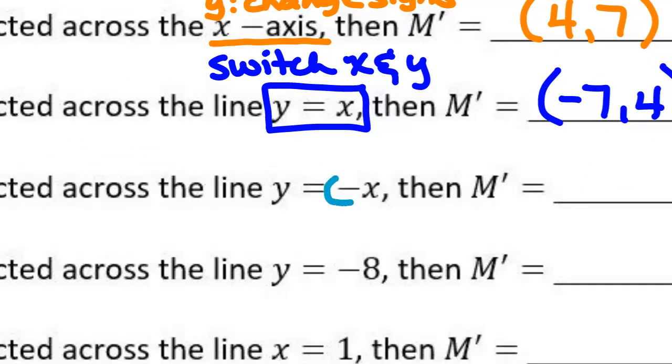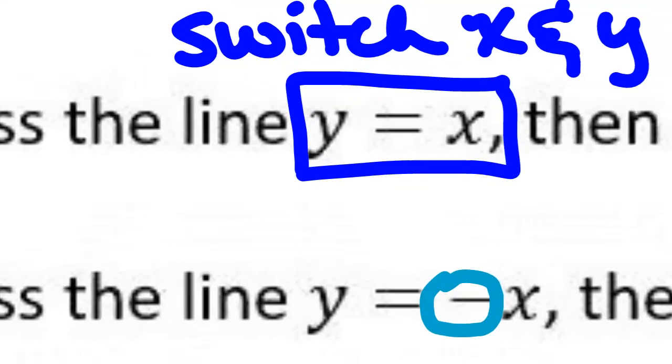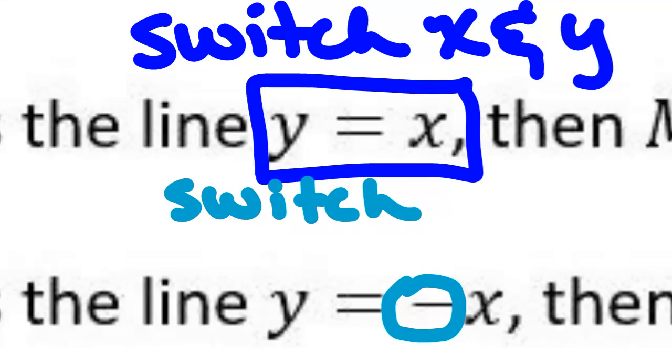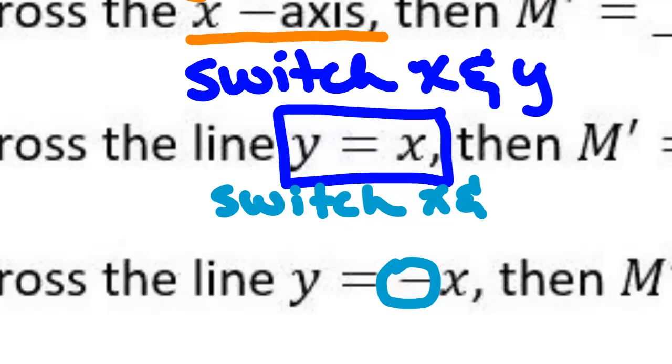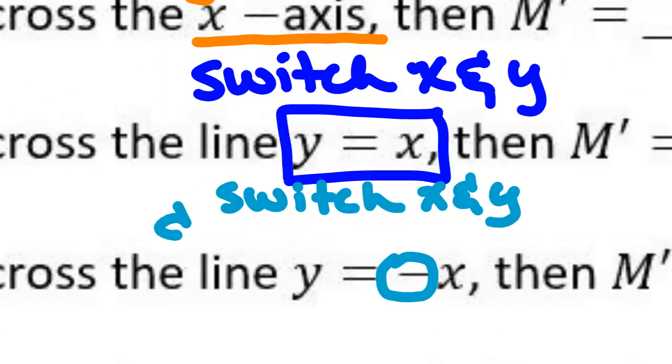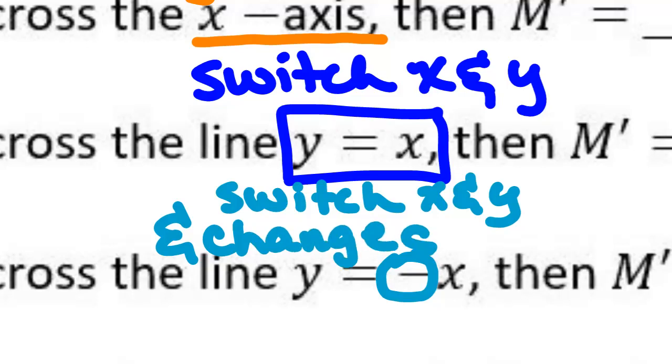If we go across y equals negative x, not only do we switch x and y, we also change signs.